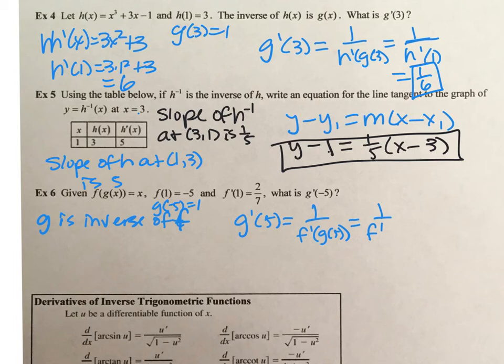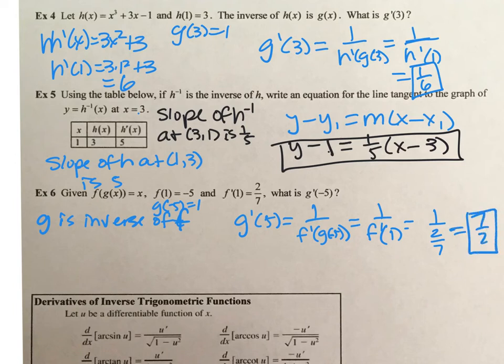So 1 over f prime of g of negative 5 means 1 over f prime of 1, which is equal to 1 over 2/7. Remember, f prime of 1, we're told right here, is 2/7. So that's just a long way of saying my answer is 7/2.